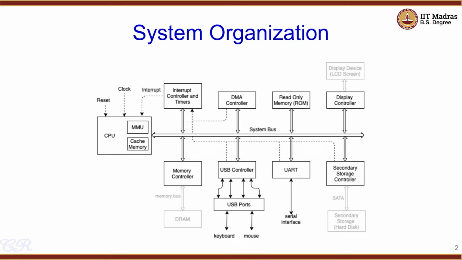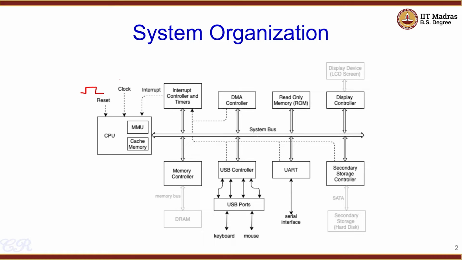Now, the CPU has several inputs and outputs, and critical among them are the reset and the clock. The reset is a signal which typically looks something like this. It would be a pulse, which tells the CPU that it needs to restart, and the CPU goes into some initialization mode.